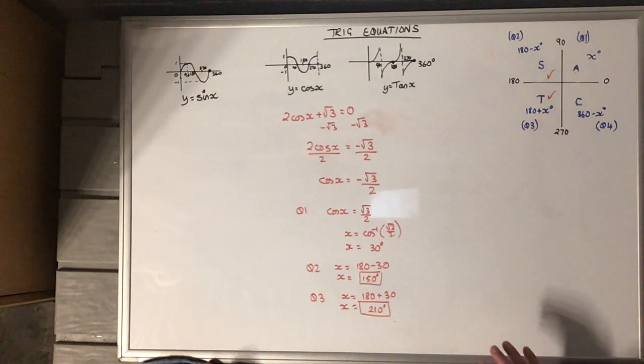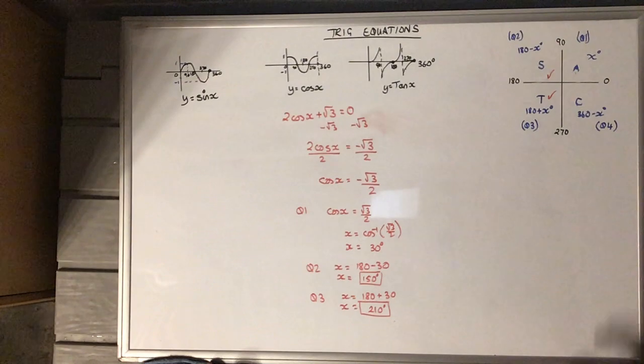And if you know this topic inside out, it will save you a lot of grief at Higher, because pupils who tend to do Higher from National 5 haven't done a lot of trig work, or they can't remember a lot of it, because it tends to come up towards the end of the course, so they don't really know it that well, and that causes issues for them at Higher. So if you can get on top of this now, then your Higher work will be vastly improved and made easier for you because you know this stuff already.